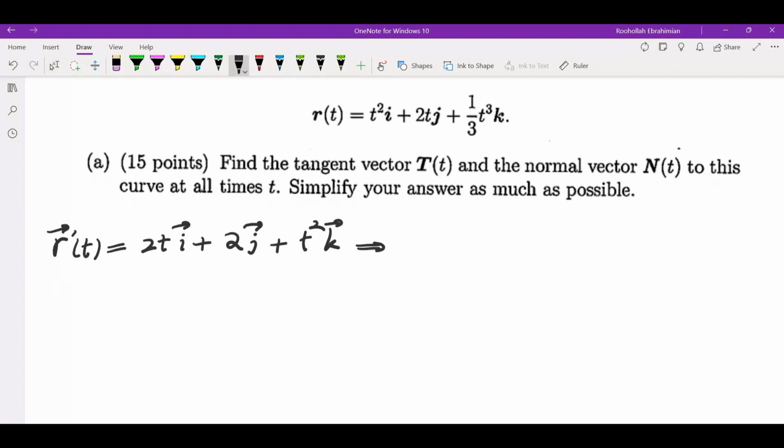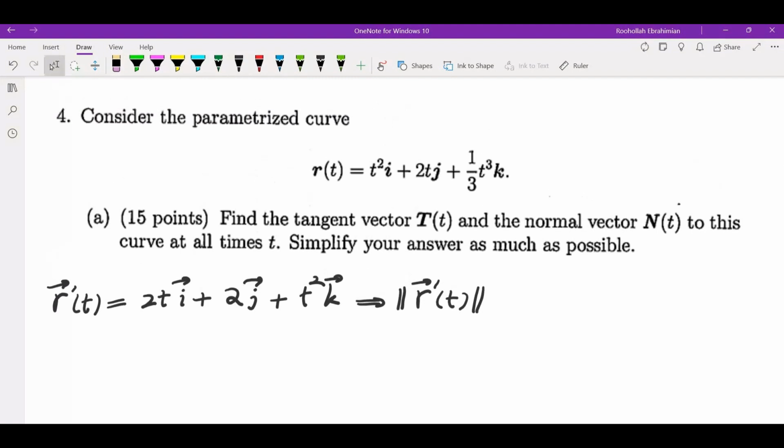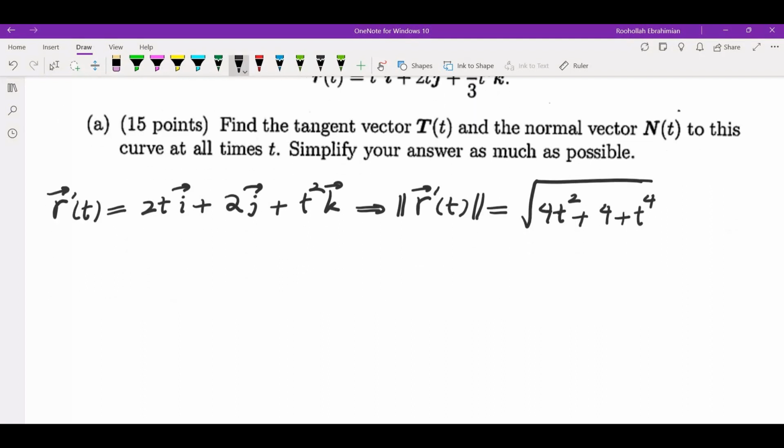So let's find the magnitude of that first. The magnitude of r prime is going to be the square root of 4t squared plus 4 plus t to the power of 4. And let's simplify that. This is a perfect square, so this would be t squared plus 2.